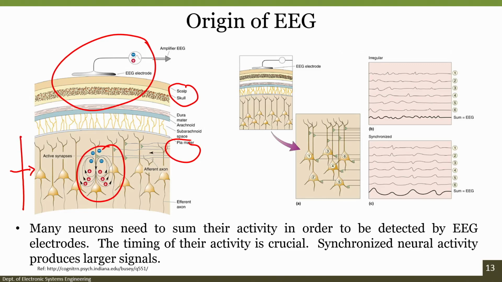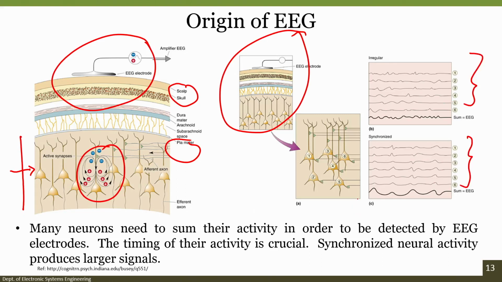In another way, if this is the EEG electrode, and this is the same schematic but of a different size, then if I take the neurons, number them 1, 2, 3, 4, 5, 6, and we want to measure the signal from each neuron, you can see there is an irregular pattern and a synchronized pattern.